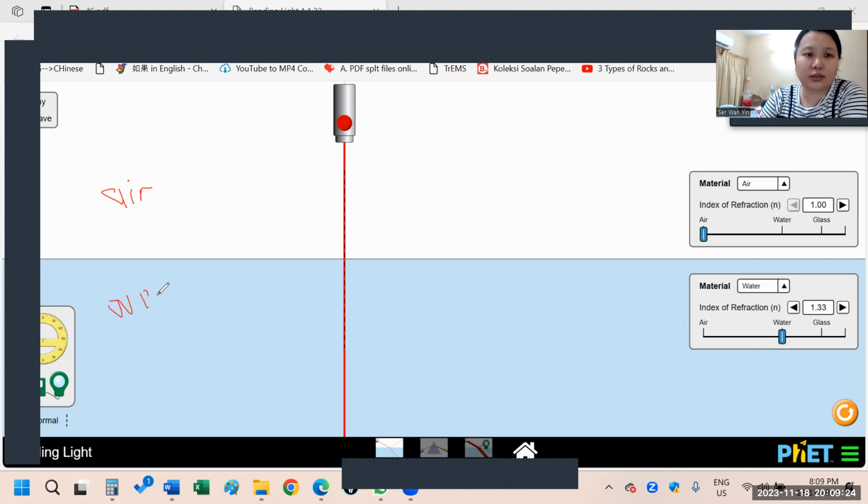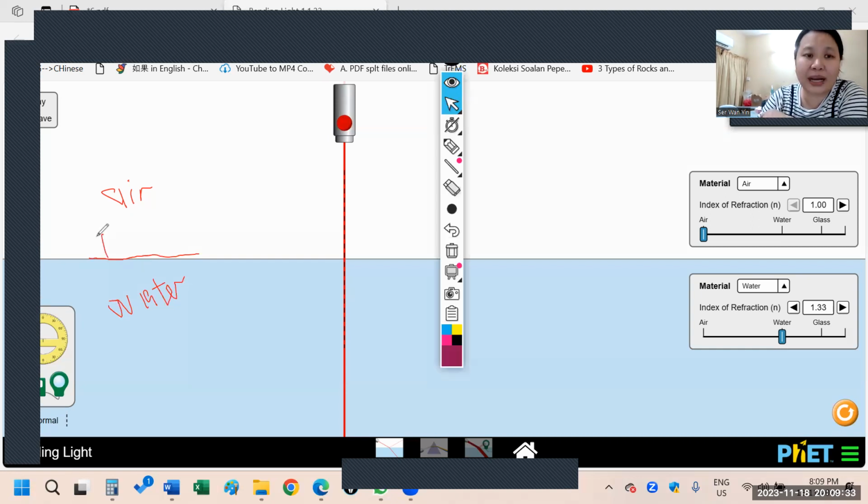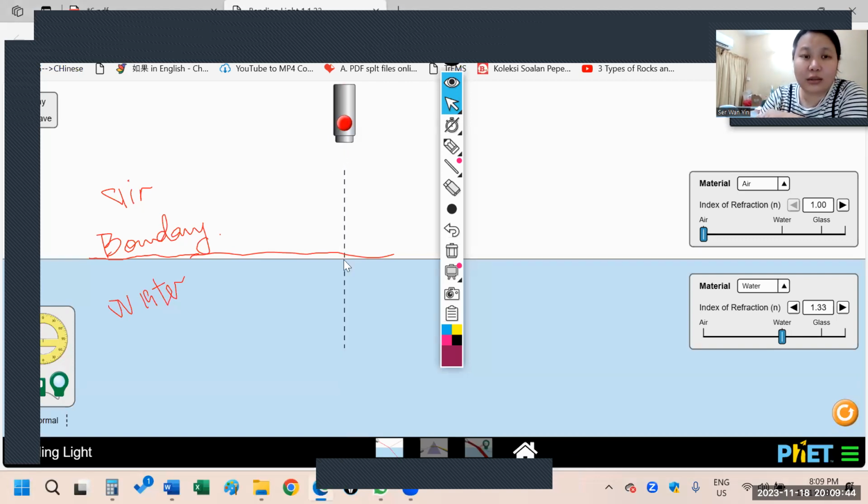So the line in between medium air and medium water is called the boundary. Okay. And then when the light strikes on the boundary, we must draw a normal.